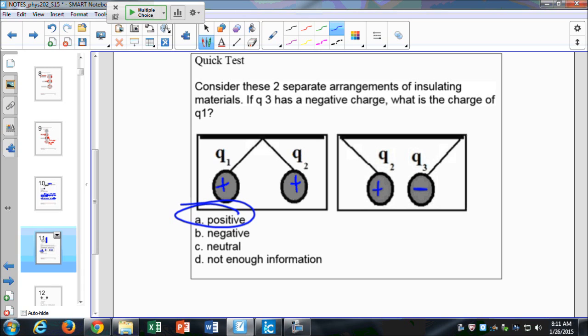Outside is my ground. That's connected to this sphere, which is an insulator, so charges that come onto this sphere won't travel to the hand.